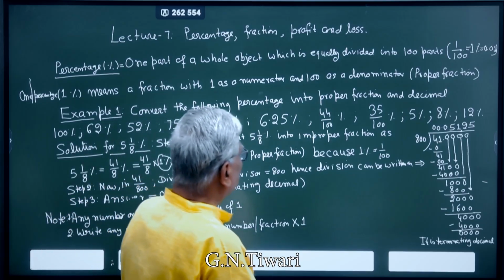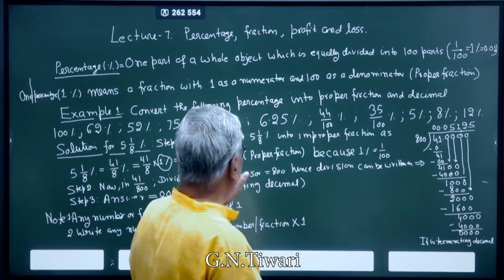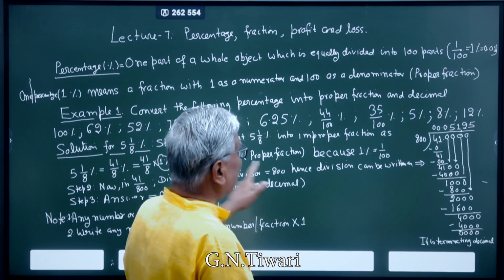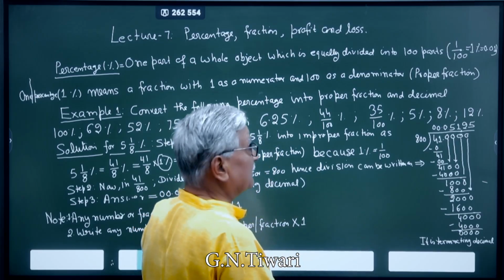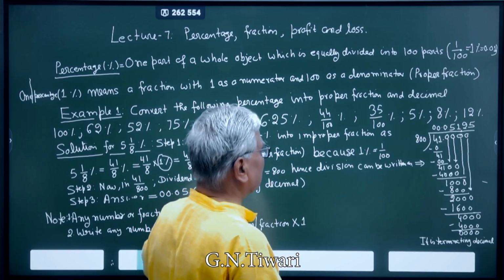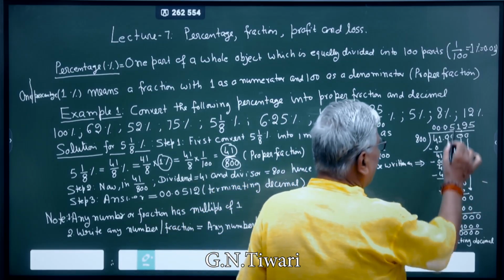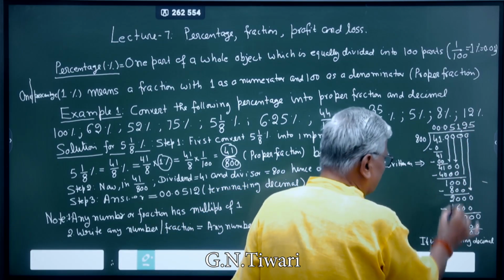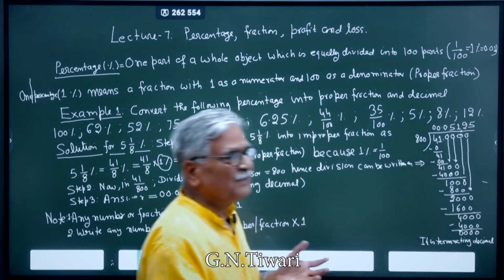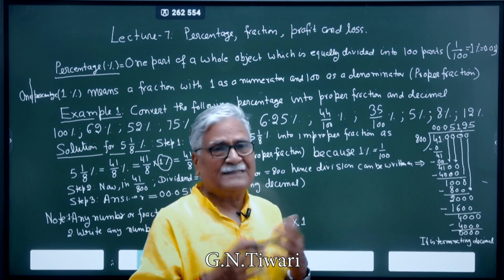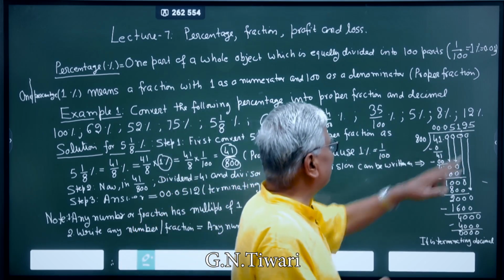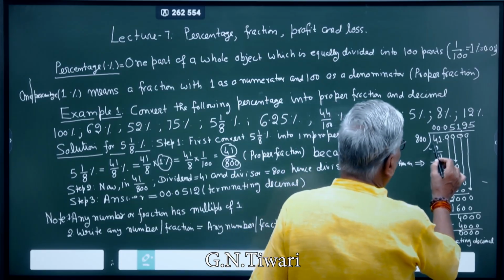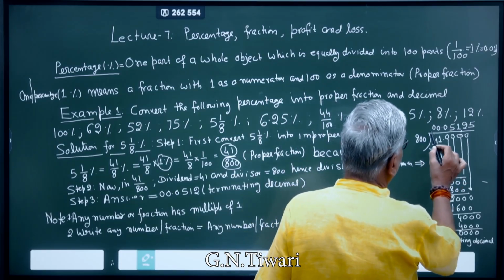And this proper fraction can be written as a decimal also. Just see, 41 is the dividend and 800 is the divisor. I am repeating this for simplification. How you divide numerator by denominator for a proper fraction, I have already explained, but here, 4 is less than 800, so 0.